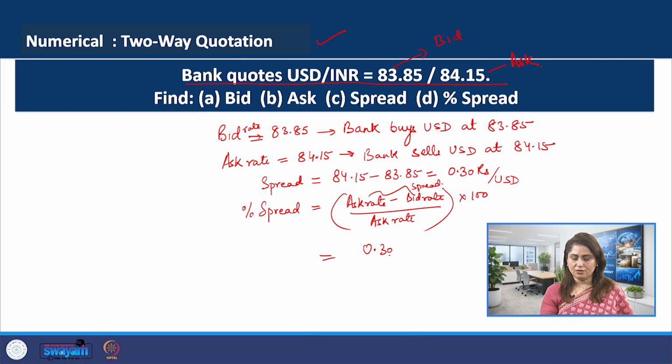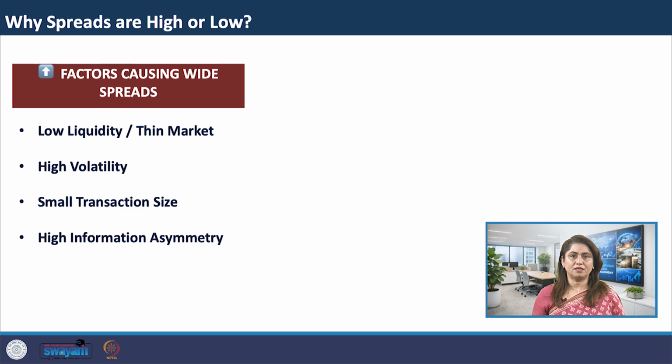So 0.30 rupees per USD divided by 84.15, which is the ask rate, into 100. So that means the spread is equal to 0.356%.